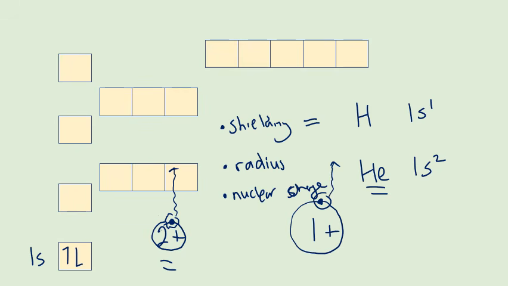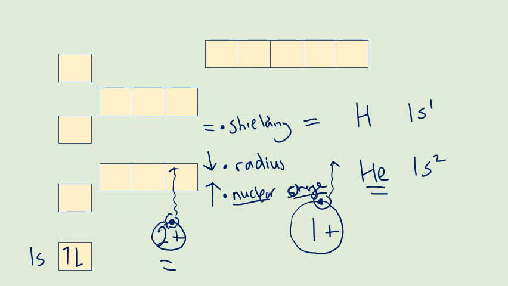So our general trend as we move across a period is that the ionization energy increases, and that's because the shielding remains the same, the radius decreases, and the nuclear charge increases.